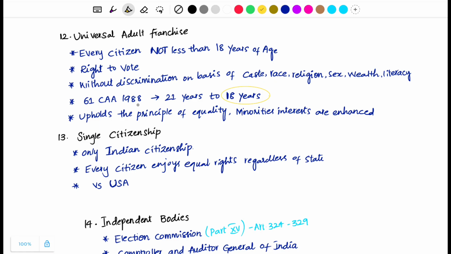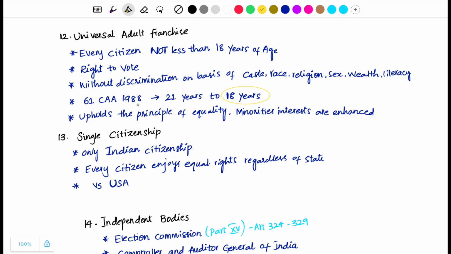The right to vote, as a constitutional guarantee, as a constitutional element, was existing in the Indian Constitution. Every citizen not less than 18 years of age has the right to vote to elect their own representative.